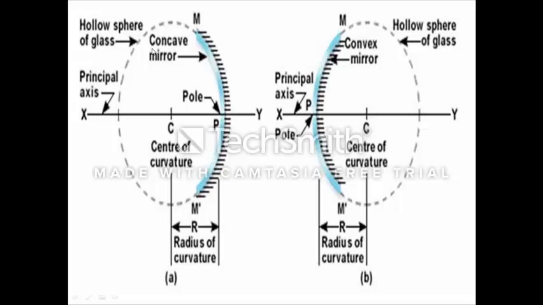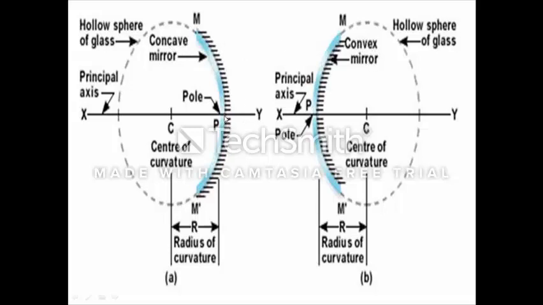We have drawn here a hollow sphere and its axis. M and M dash here represent a concave mirror, and here it represents a convex mirror.